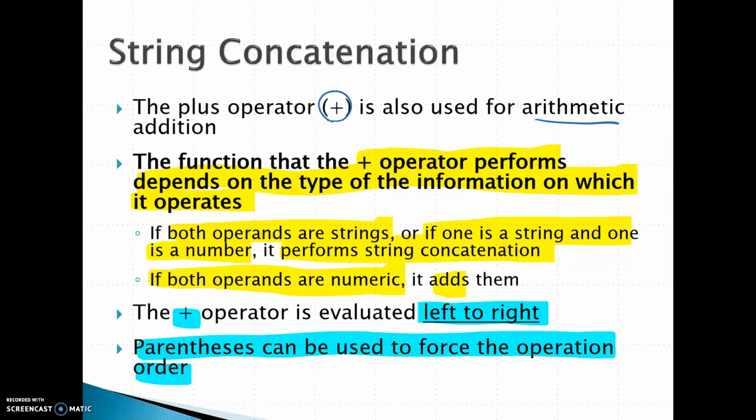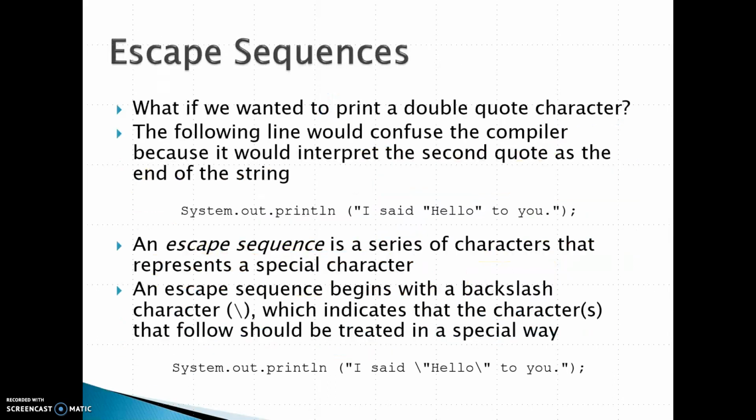And the plus operator is evaluated from left to right, just like math, and parentheses can be used to force the order of operations. All right, last topic is escape sequences. Escape sequences are used to force the computer to print something that normally has a special meaning. So for example, if we wanted to print the double quotes and we tried to put that in our print statement, it wouldn't work. It would think we were closing off the string and then it would yell at us. However, we can use an escape sequence.